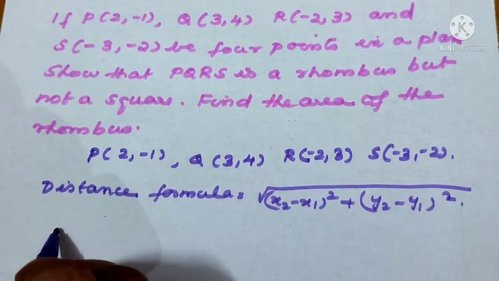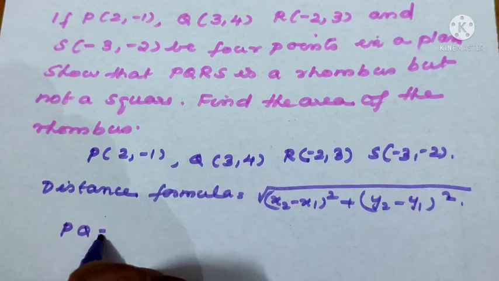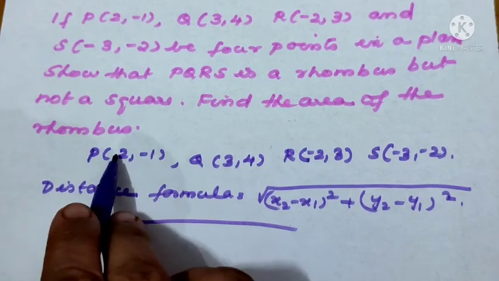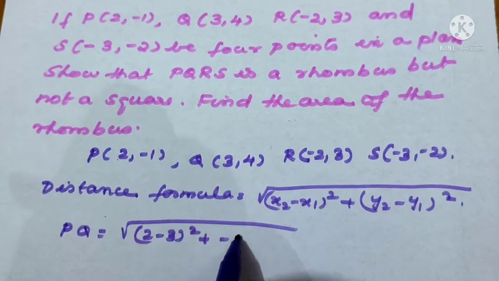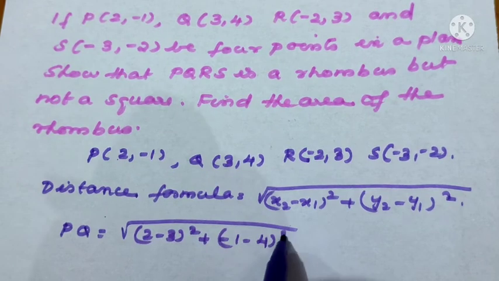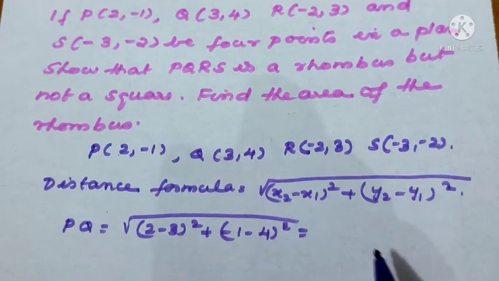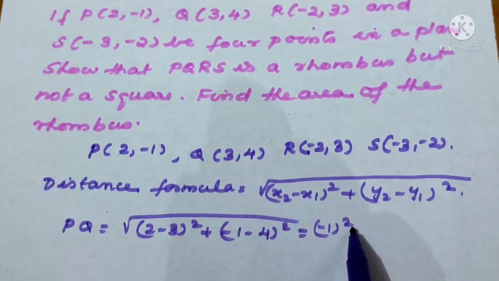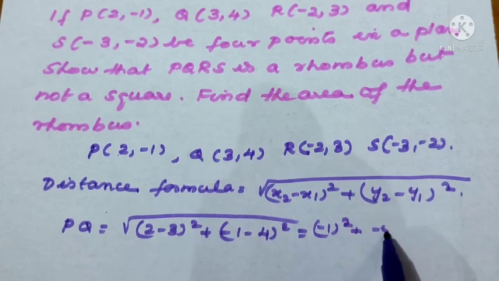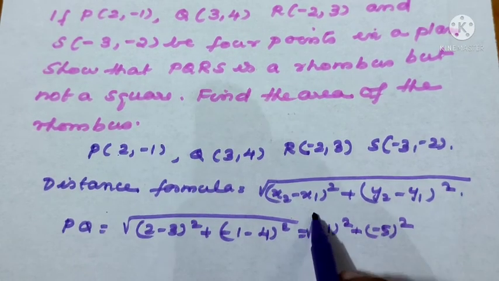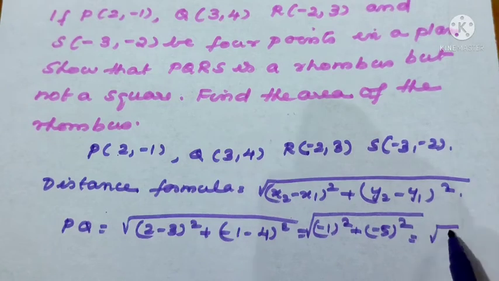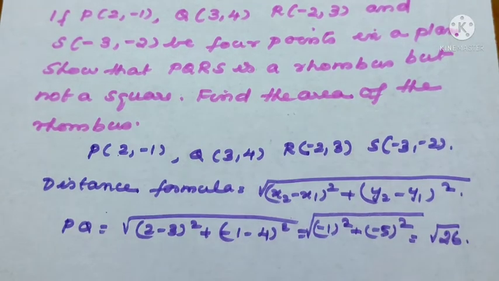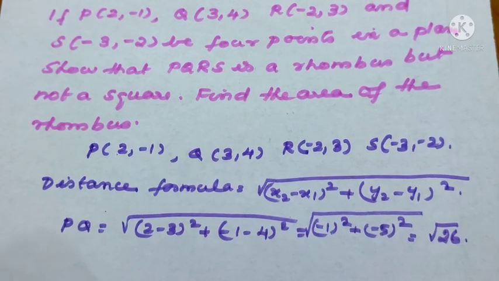PQ equals root of (2 minus 3) whole square plus (-1 minus 4) whole square. 2 minus 3 is minus 1, minus 1 minus 4 is minus 5 whole square. So 1 plus 25 equals root 26. So we got the value of PQ.